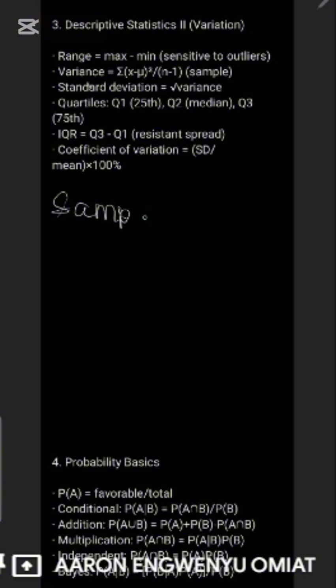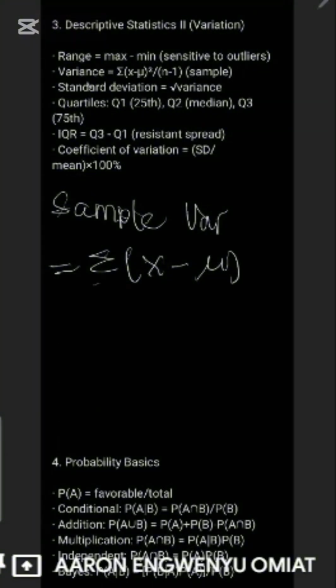Sample variance is calculated as the summation of (x minus mean) squared, divided by n minus 1.